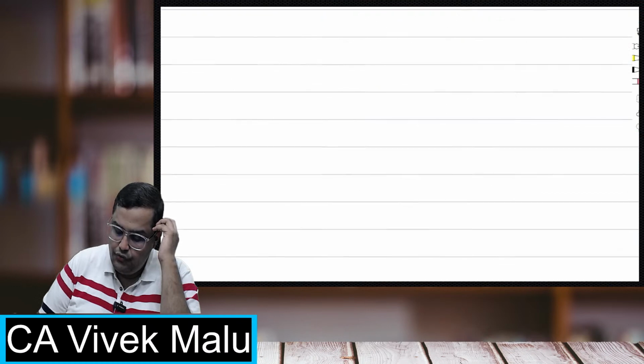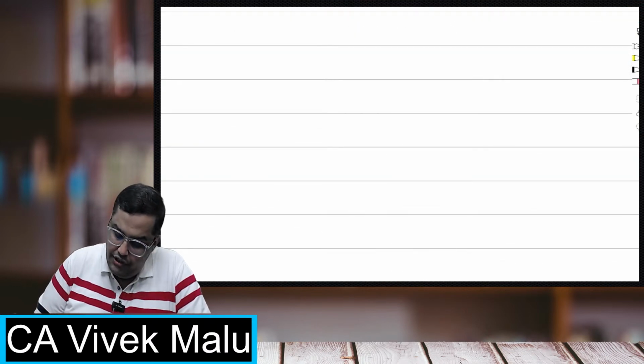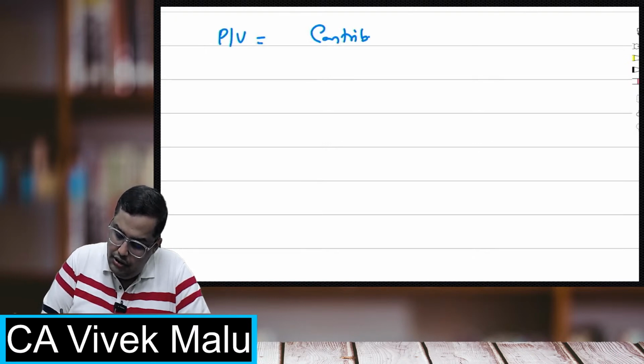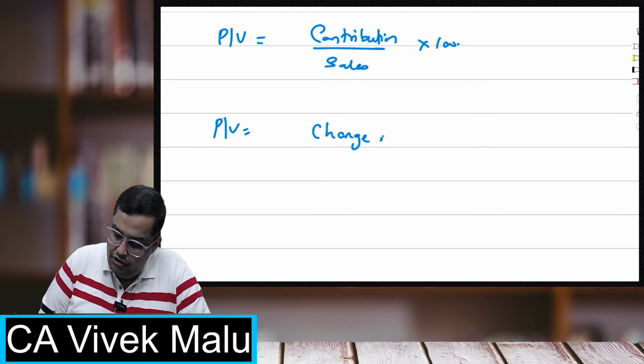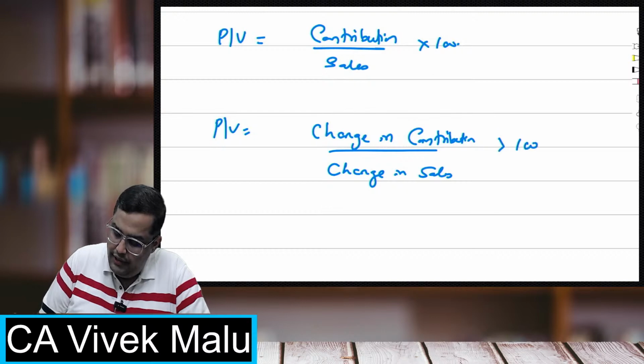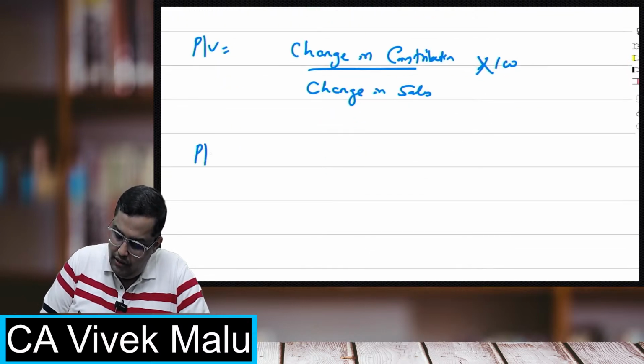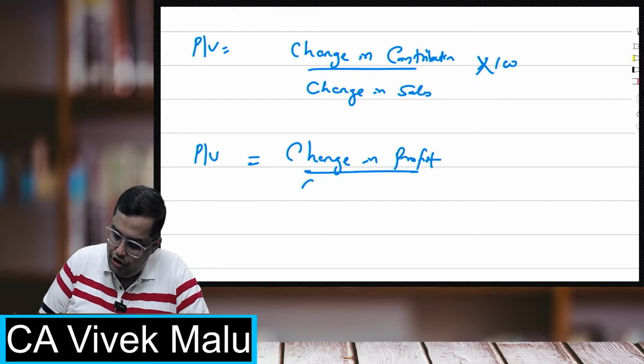Now, what are the different formulas for PV ratio? The first formula: contribution upon sales into 100. The second formula: change in contribution upon change in sales into 100. The third formula: change in profit upon change in sales into 100.